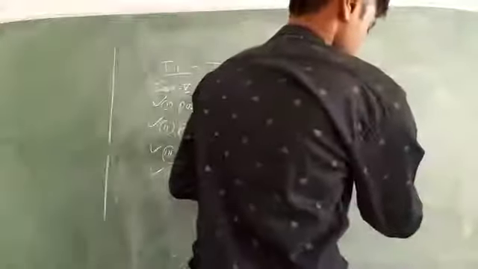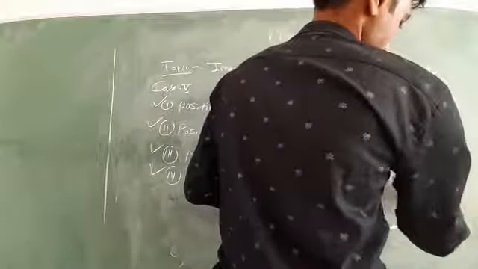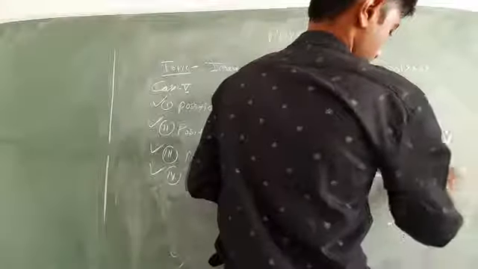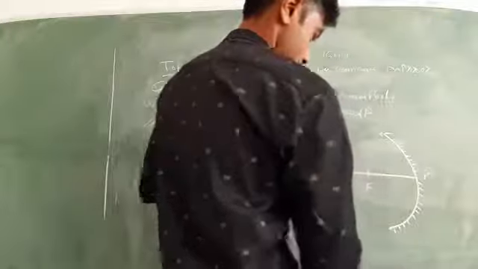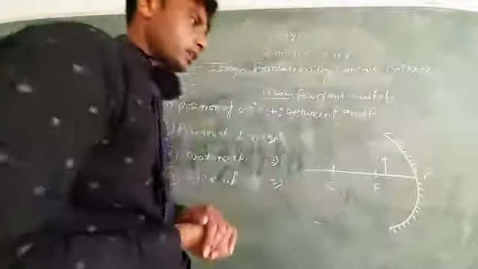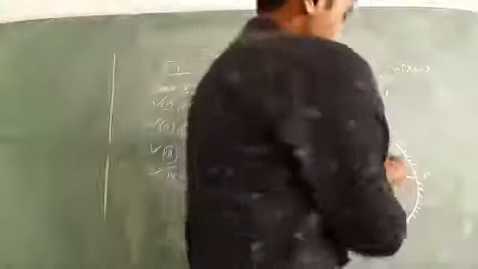Let the position be this. Pole, focus and curvature. Position of object between focus and pole. That is object AB.